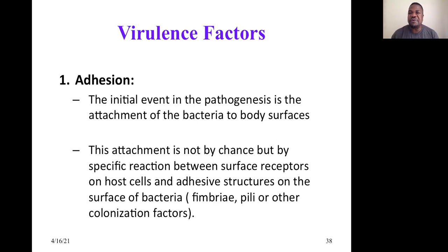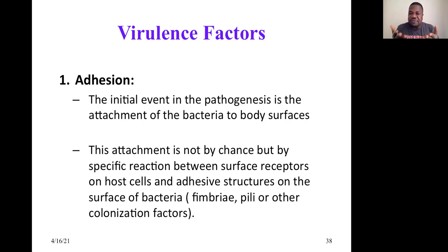Now, there are a number of virulence factors that we should remember, and they play an important role at each stage of an infection. The first stage of an infectious disease is adhesion, where the microorganism is trying to attach to the cells. Adhesion is the initial event in the pathogenesis.